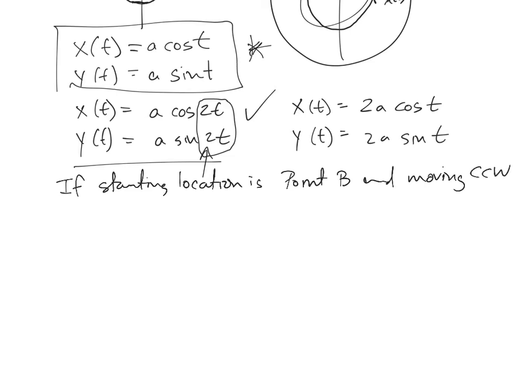We're just changing the starting point. What are my new equations going to be? Is the radius changing? Nope, still a. Are we still going to use cos for the x coordinate and sine for the y coordinate? Yep. That's not changing either.